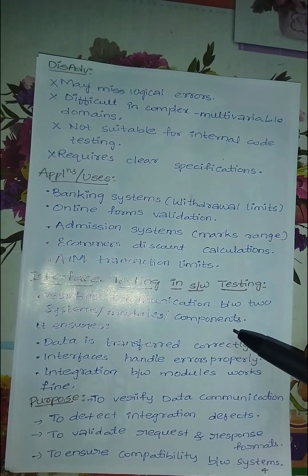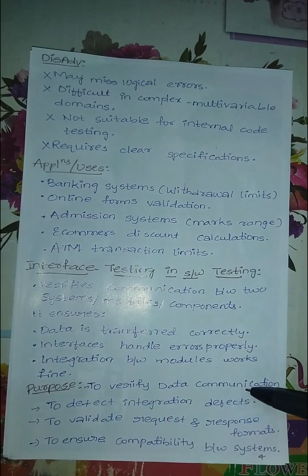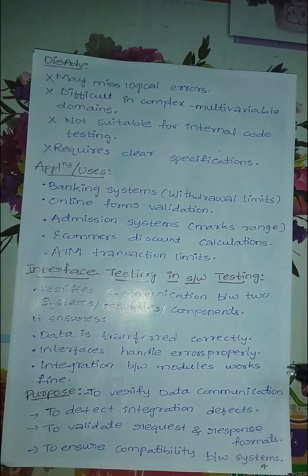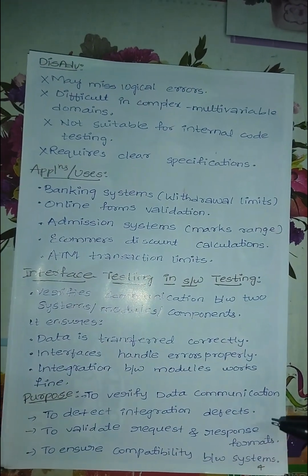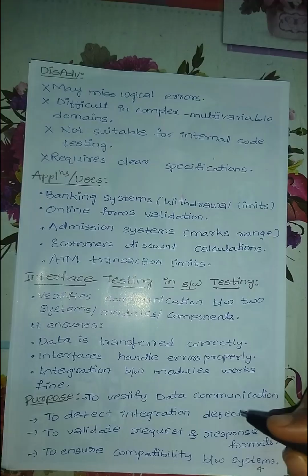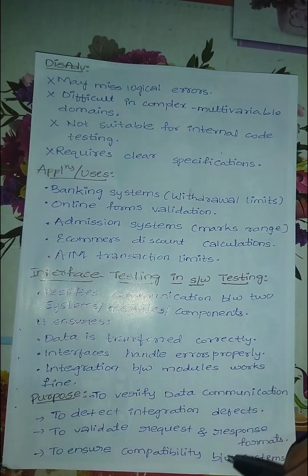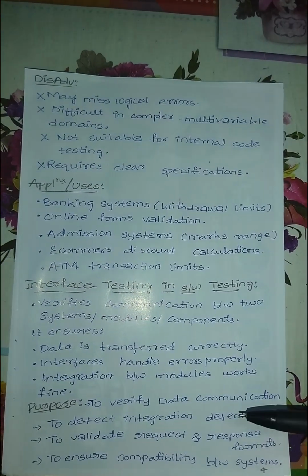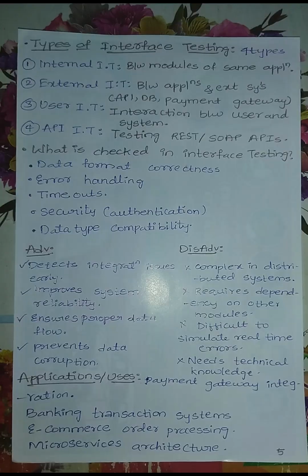It is used to verify data communication and detect integration defects, bugs and errors. It is used to validate request and response formats between systems to ensure compatibility between systems. This is the purpose of interface testing in the software field.